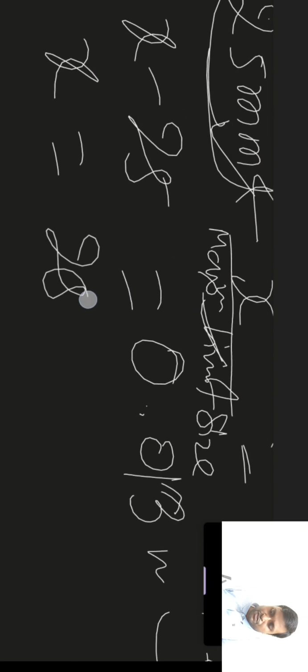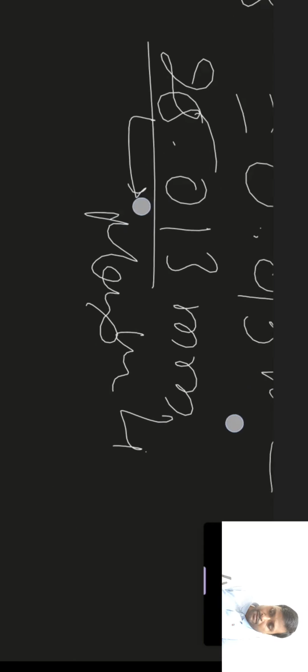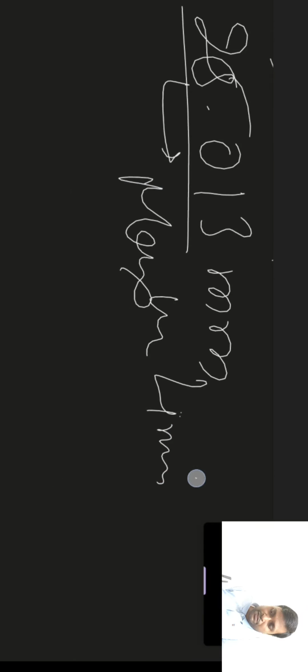So x is nothing but 25.013 mm. This is the maximum limit size for hole 25H6. So it's a very simple question.